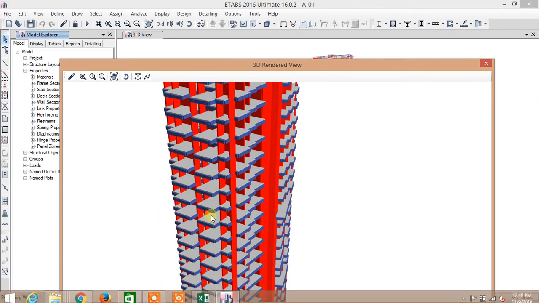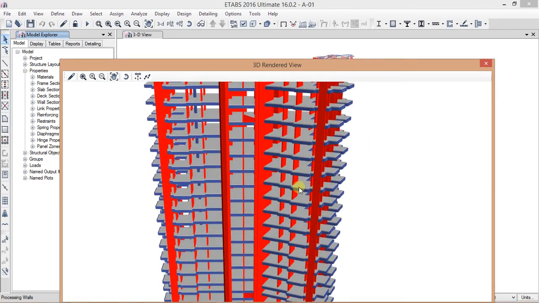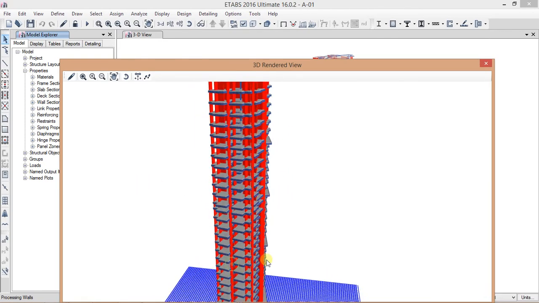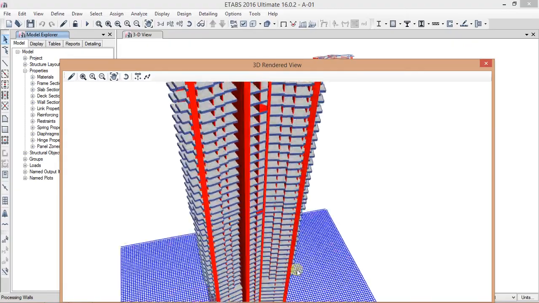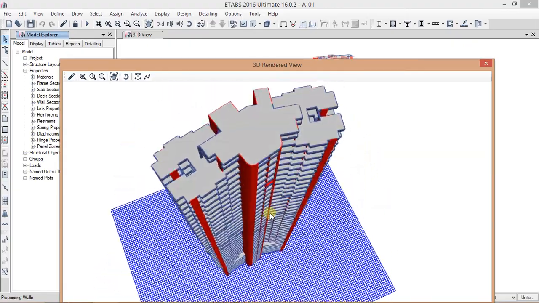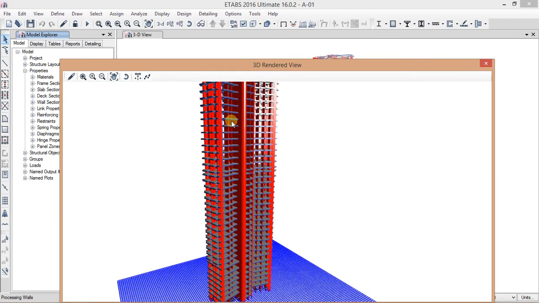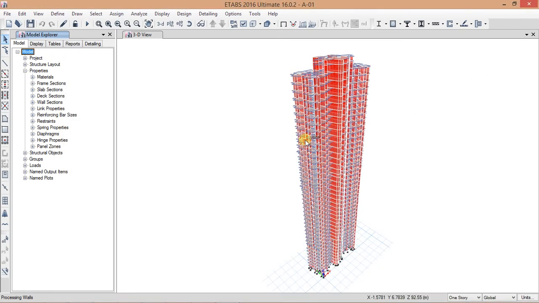Within just a few seconds actually, you can generate the model through the 3D DXF command. So sometimes the complicated models can be easily generated through the 3D DXF. Now how to do that 3D DXF, we'll also give you the separate training for that.